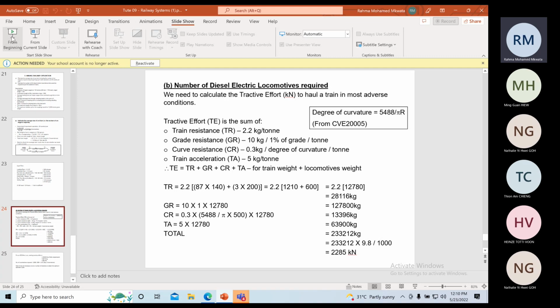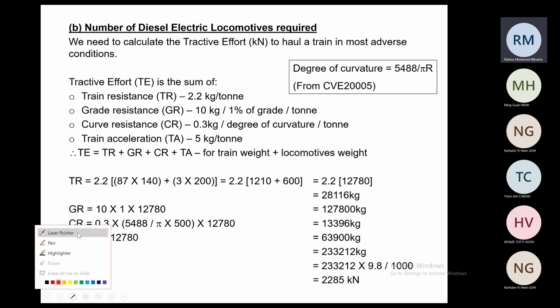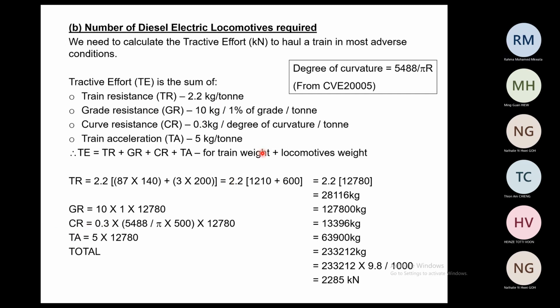Tractive effort is to hold the train in the most adverse condition. So we look at all these characteristics, and the starting tractive effort is 200,000 pounds. The other information is not necessarily needed.